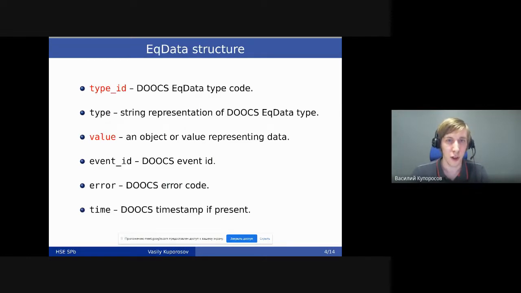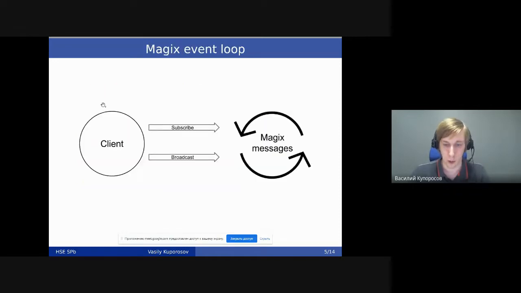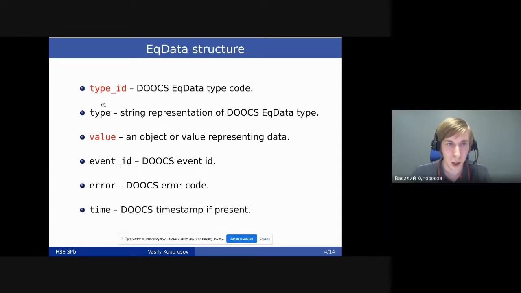So what is the structure of echo data? It consists of several properties. Here are the 2 properties that are highlighted in red.